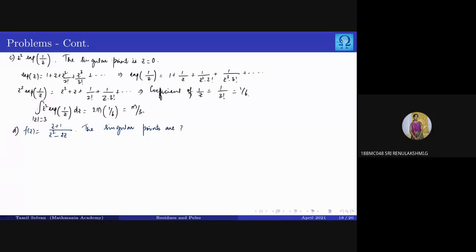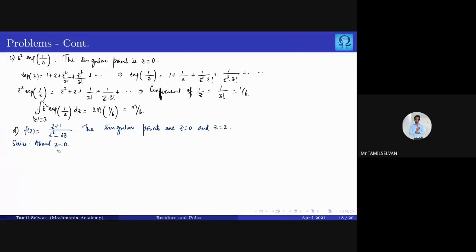Right? So which means you will have to find out the series representation about z equals 0 as well as z equals 2. These two representations we must get.